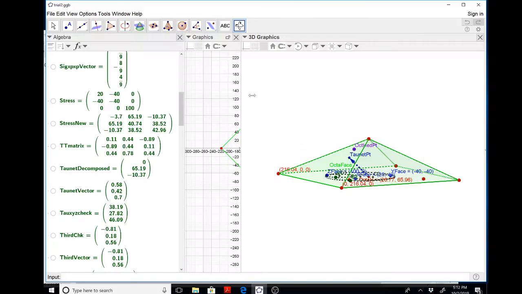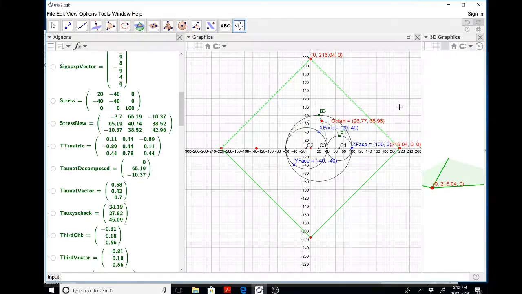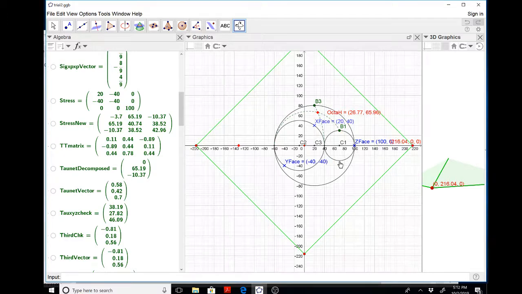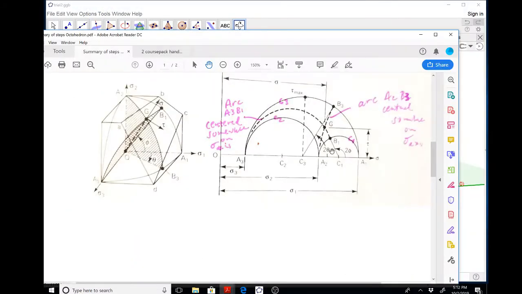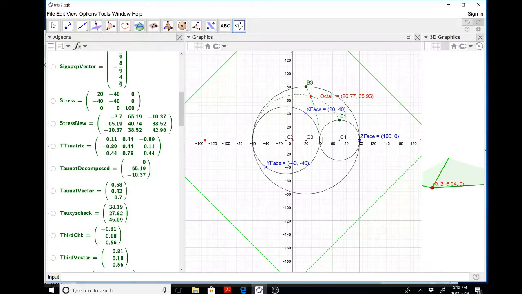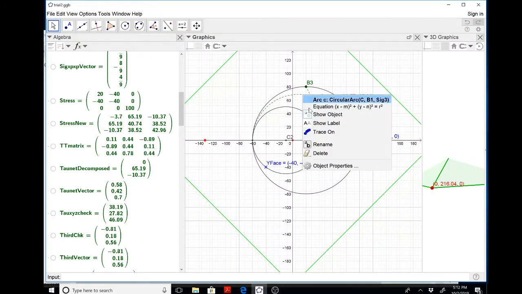So how do we do that? Well, this technique is actually general for really any angle, but we're going to focus only right now on, like I said, 45 degrees for the phi and 45 degrees for the theta, giving us 90 degrees in Mohr's world. So I'll show you how this works, and this is super cool.